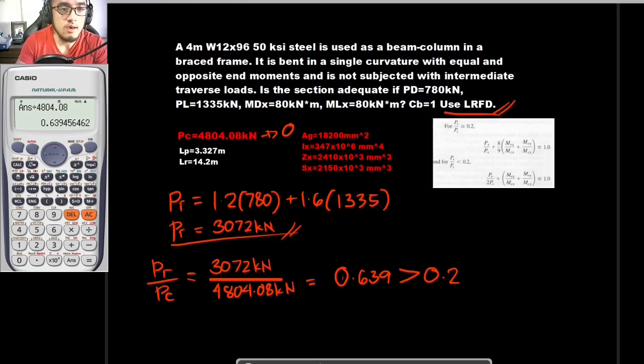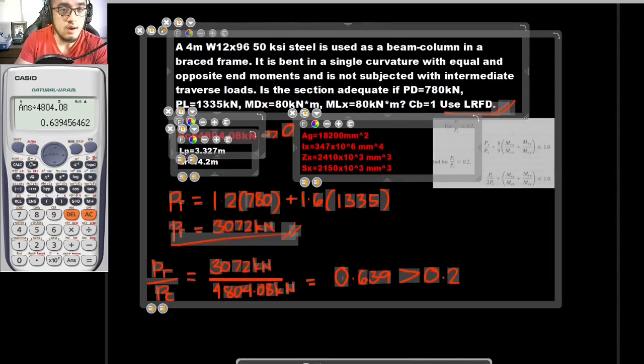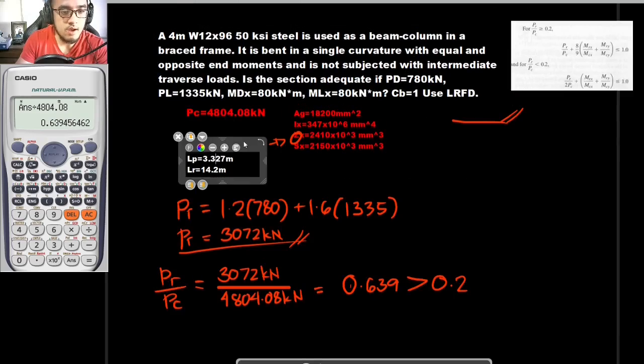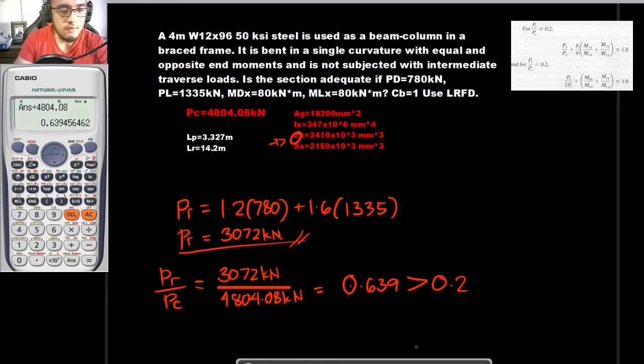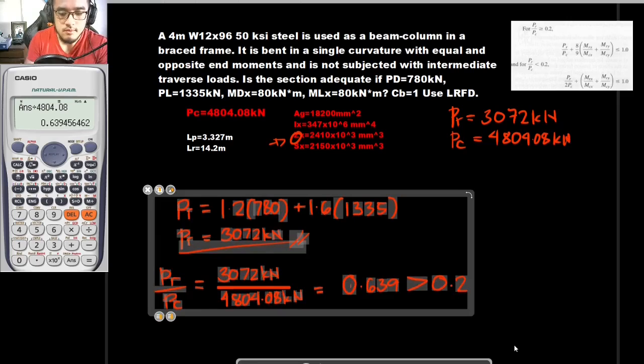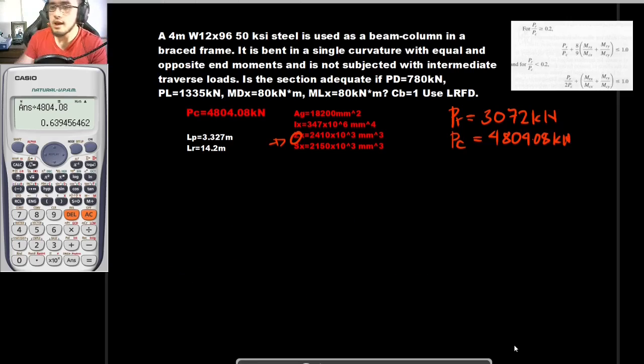Anyway, ito na lang lahat i-copy ko. For a while guys, para mas convenient yung ating pag-solve, copyhin ko na lang dito. I would just be writing our known values here. For our PR, that is to be 3072 kilonewtons. And for our PC, that is to be 4804.08 kilonewtons. I would now be erasing this para next na tayo. So, what else?